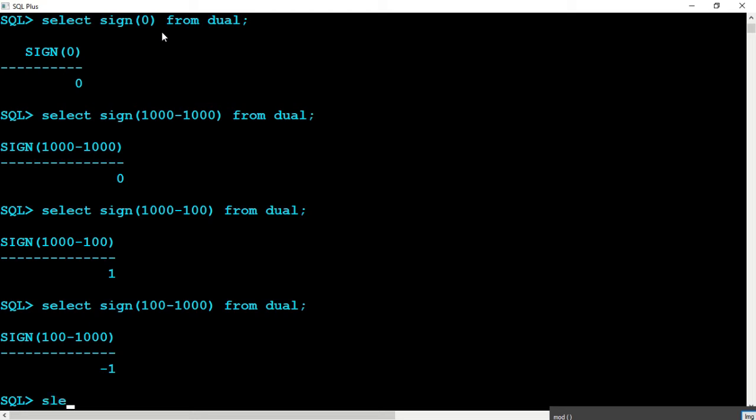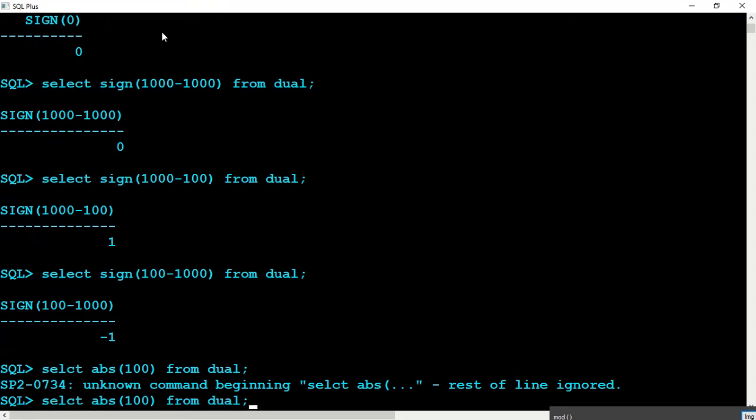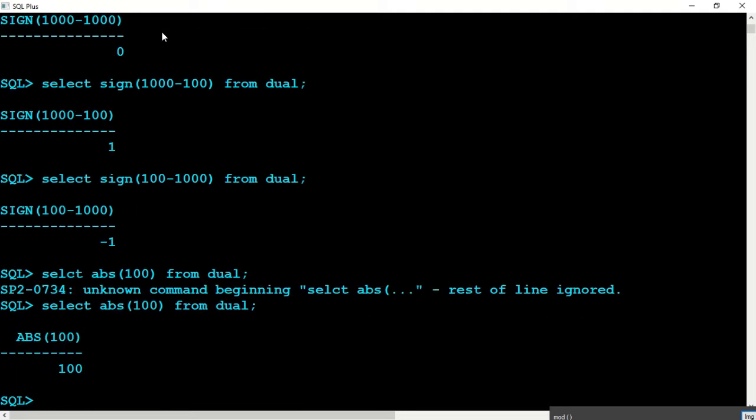That is select ABS, which stands for absolute value, of 100, a positive number, from dual. So this will give you 100.